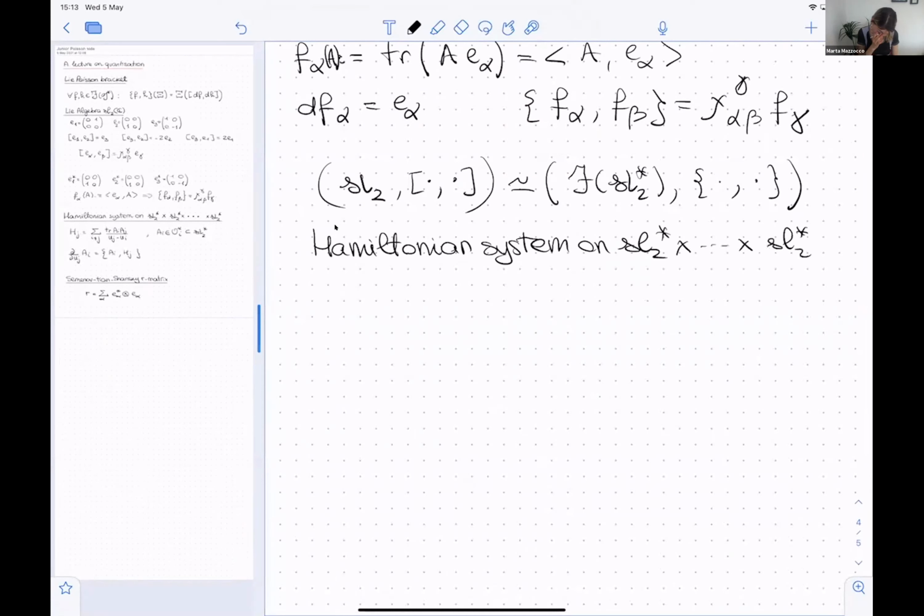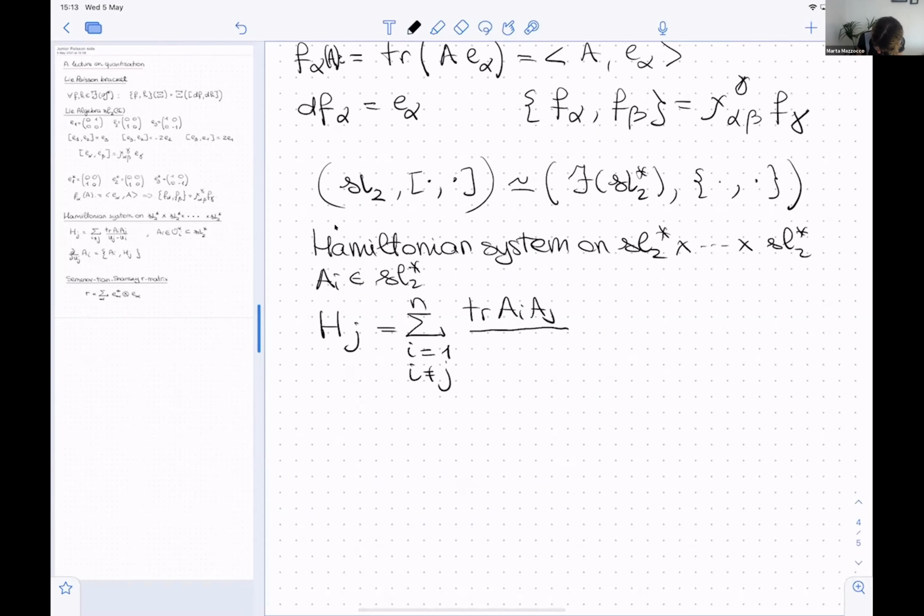Okay, so this system, we think about A_i being an element in the Lie algebra SL2, starting in the dual of the Lie algebra, and we take the Hamiltonian H_j to be the sum from 1 to n, i different from j, of the trace of A_i A_j, over u_j minus u_i.